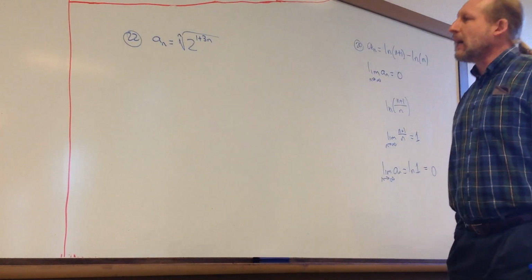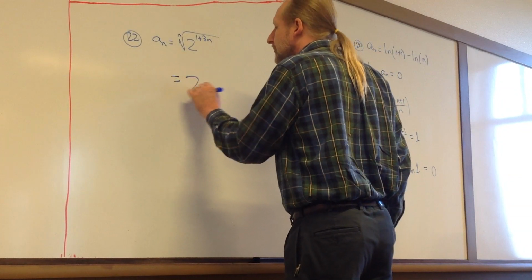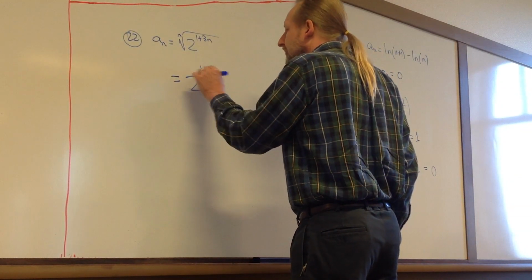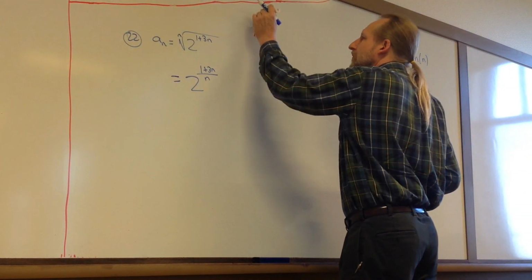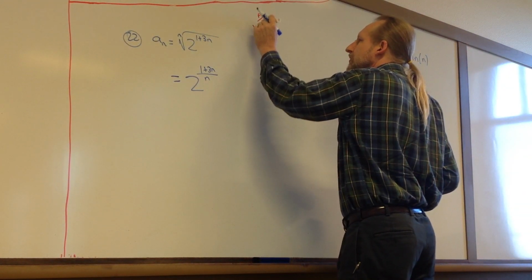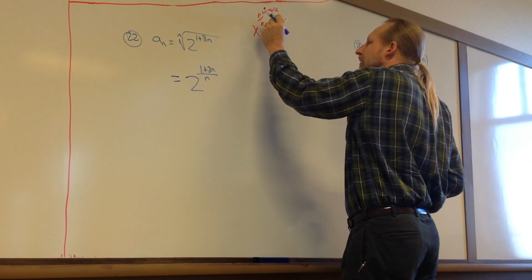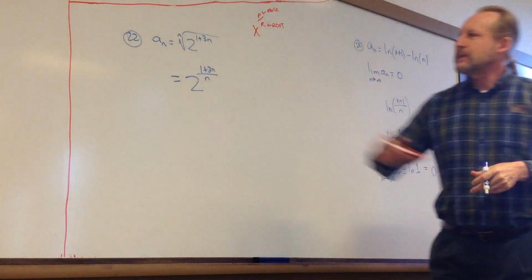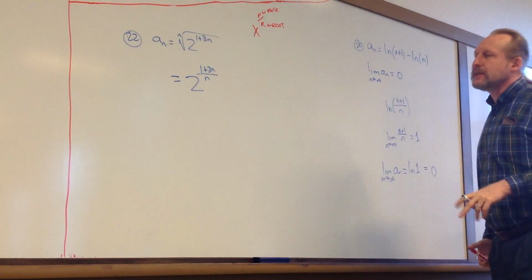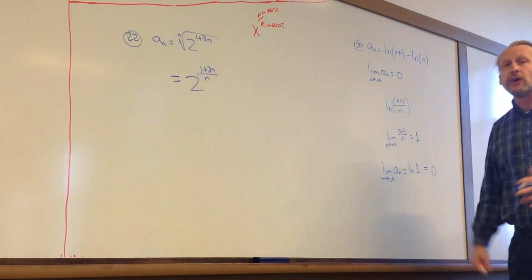I'm not sure how I would have approached this problem if I hadn't rewritten it as 2 to the 1 plus 3n over n. Remember that when you have something written to a fractional exponent, the p is the power, the r is the root. And so the nth root of 2 to the 1 plus 3n could be rewritten as 2 to the 1 plus 3n over n.